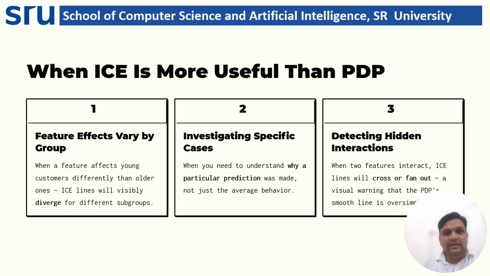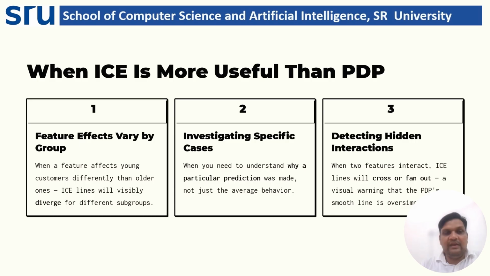When is ICE more useful than PDP? When feature effects vary by group: when a feature affects young customers differently than older ones, ICE lines will visibly diverge for different subgroups.